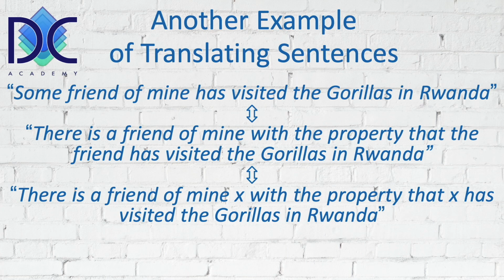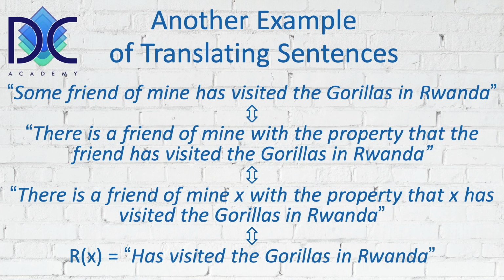And here the domain X is the set of people who are in fact part of my circle, part of my friends. And now I can translate this as R of X: has visited the gorillas in Rwanda, so that's the predicate.